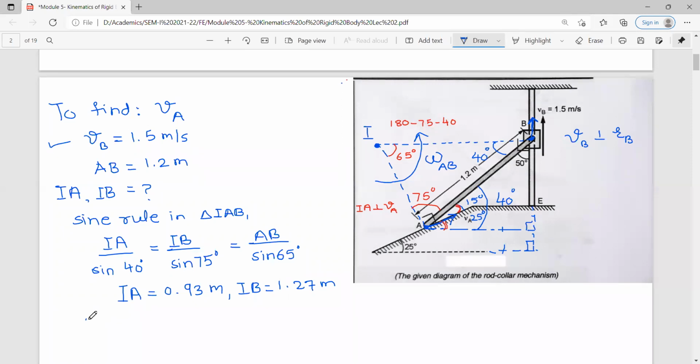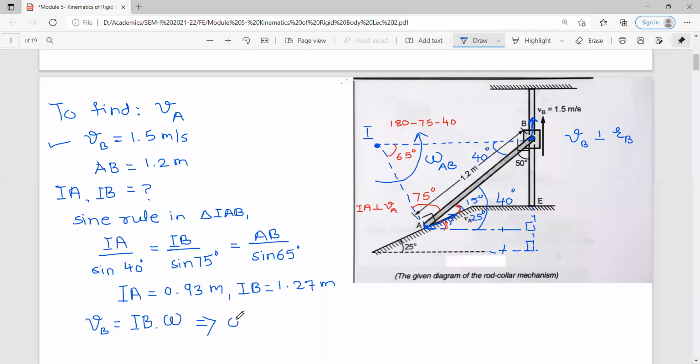So I will write down the formula for the velocity of point B. Velocity is equal to r into omega. What is the radius of point B? The radius of point B is nothing but IB, multiplied by the angular velocity. You remember that this omega is the angular velocity of the rod. So the unknown to me is omega.